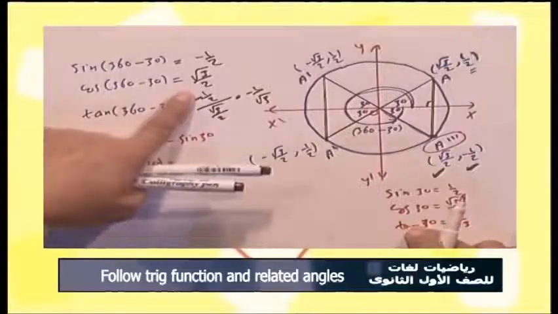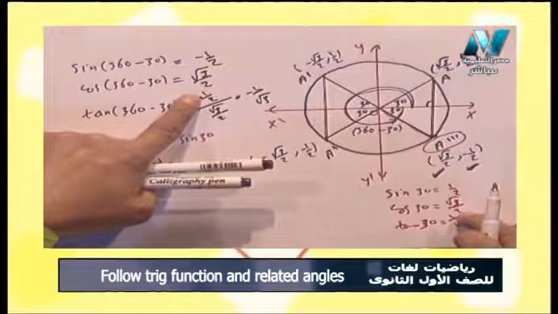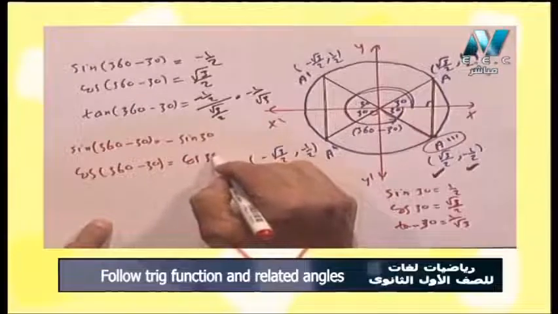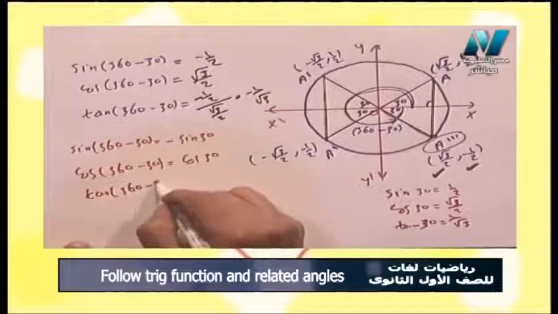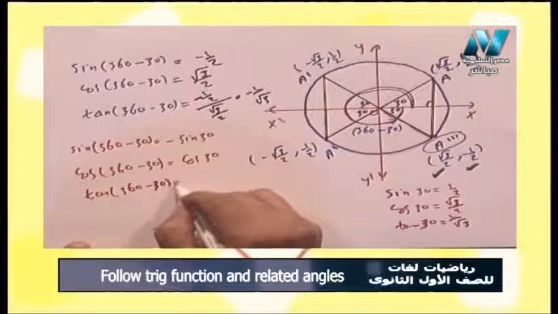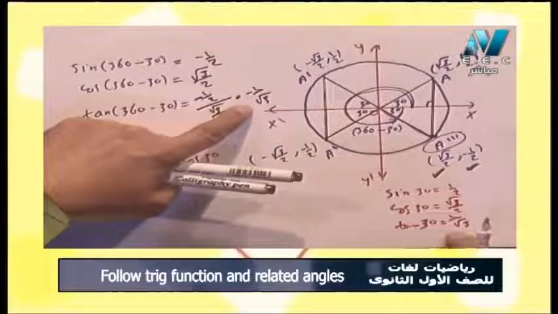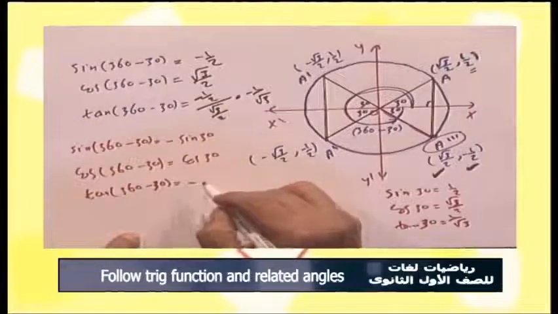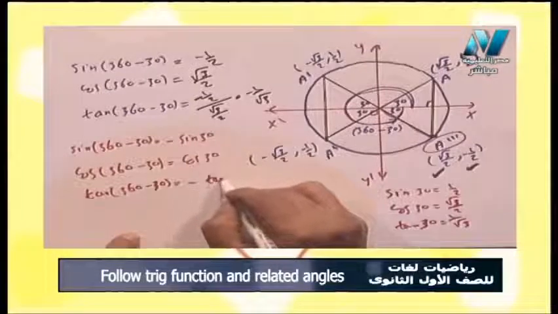We have cosine here equals cosine here. So cosine equals the positive cosine 30. Tan 360 minus 30 equals tan here, negative 1 over root 3, and tan here 1 over root 3. So they are different in the sign. So it equals negative tan 30.